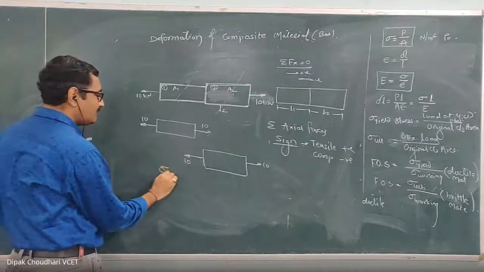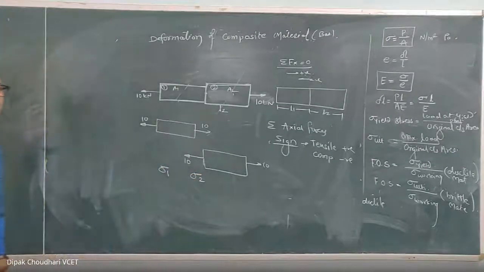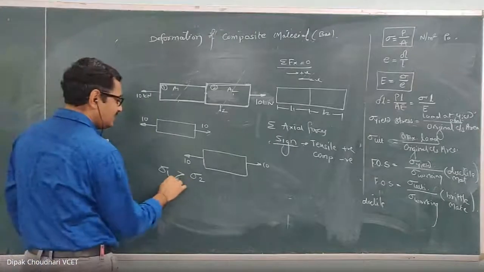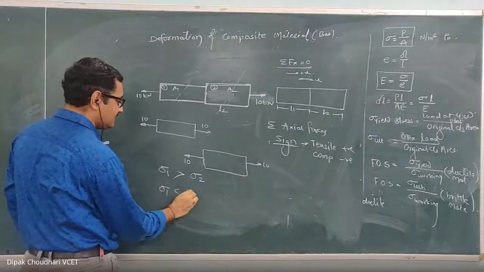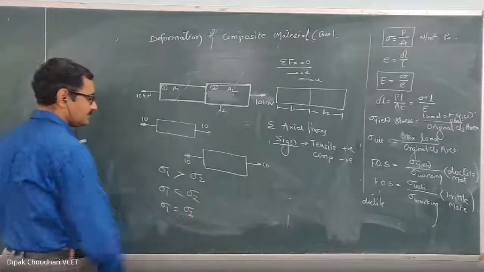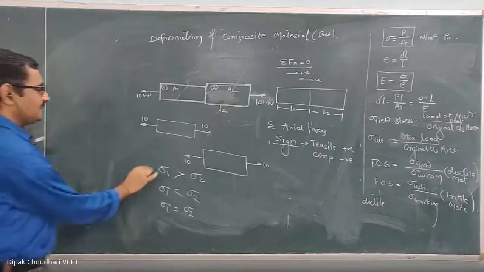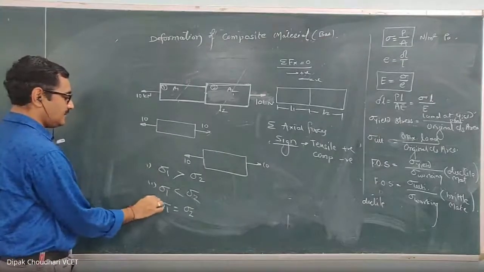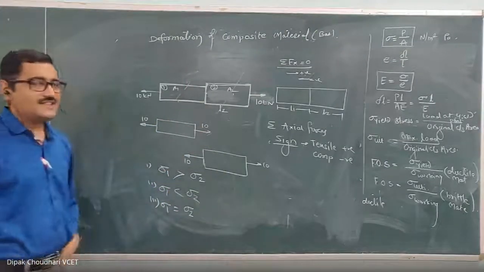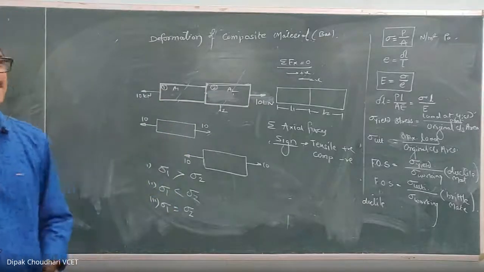Remember, in both parts the axial forces are the same. In which part will the stress be more? What will be the relation between sigma 1 and sigma 2? Sigma 1 is greater than sigma 2, sigma 1 is less than sigma 2, or sigma 1 is equal to sigma 2? For the given situation, when the axial force is constant, in which part will the maximum stress be induced?